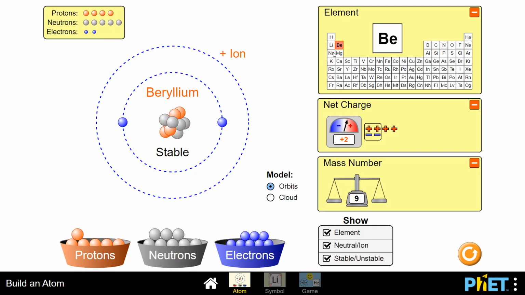But pay attention to the protons. The proton number is what determines the element. If we add a proton, we're going to get a different element. This time we have boron. And if we have 6 protons, we're going to get carbon.